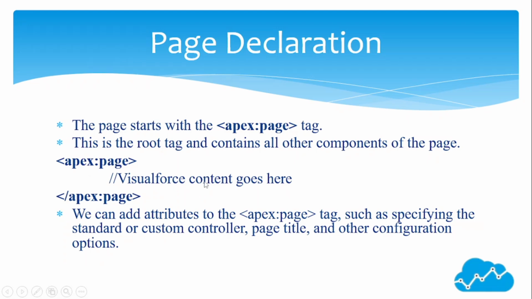Here we put Visualforce content, and with the slash we close the apex:page tag. We can add attributes to the apex:page tag, such as specifying the standard or custom controller, page title and other configuration options.